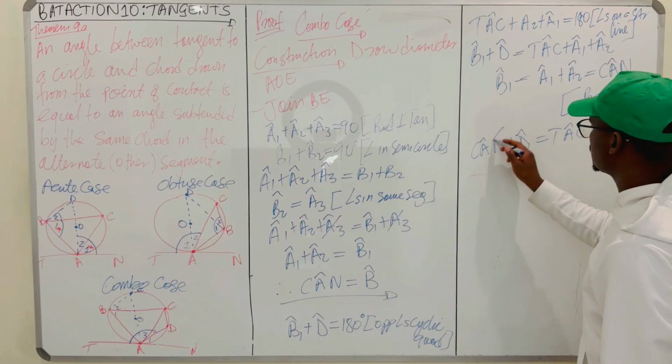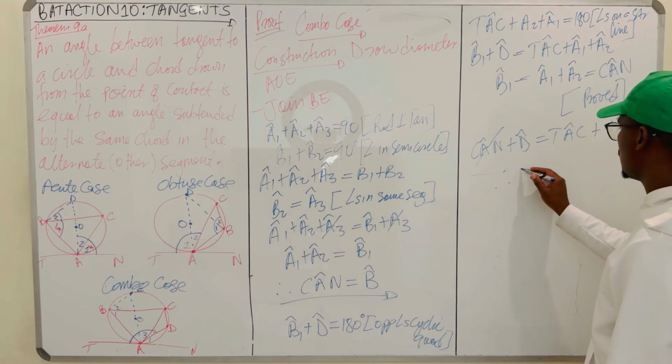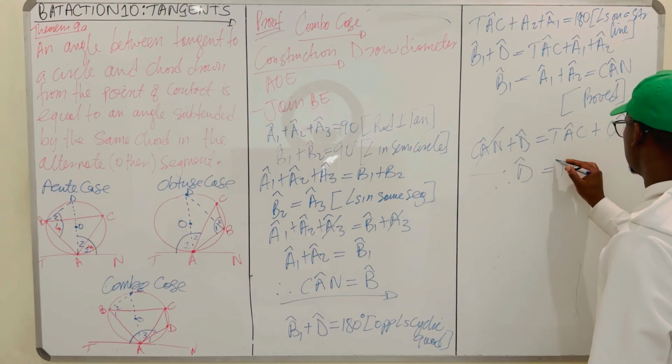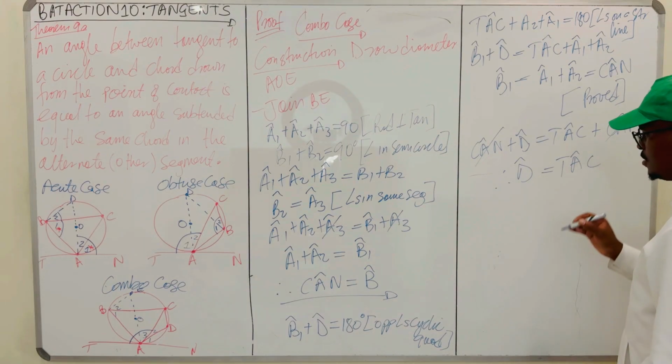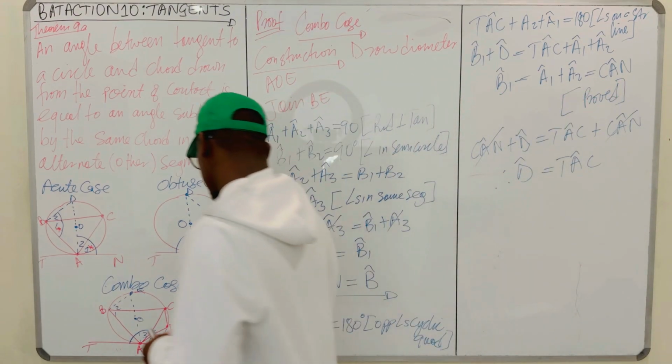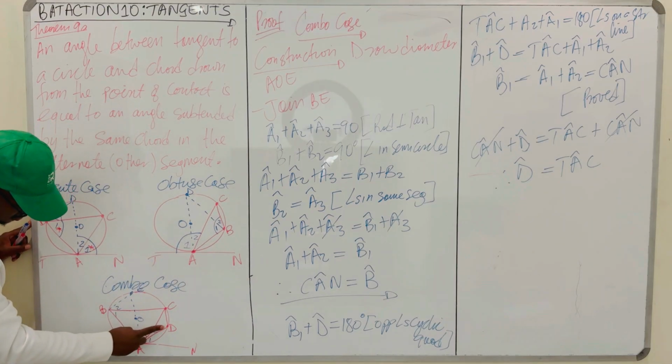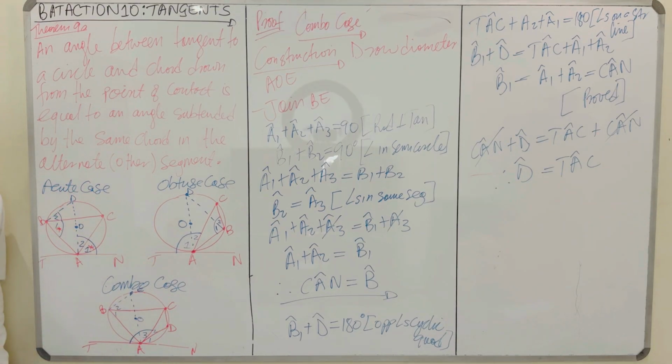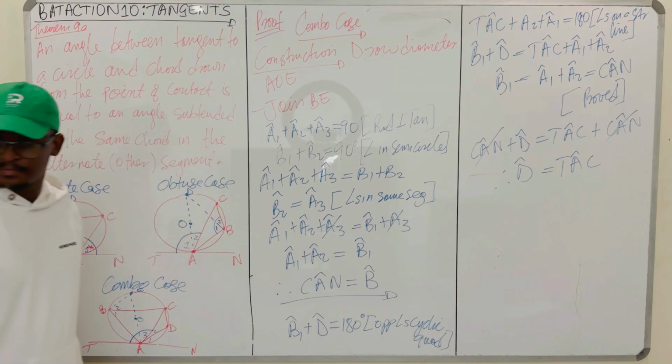So this and that will go away. Therefore, angle D is equal to TAC. Let's check it. Angle D, which is this angle here, equals TAC, which is true. That's the combo, and we're done here.